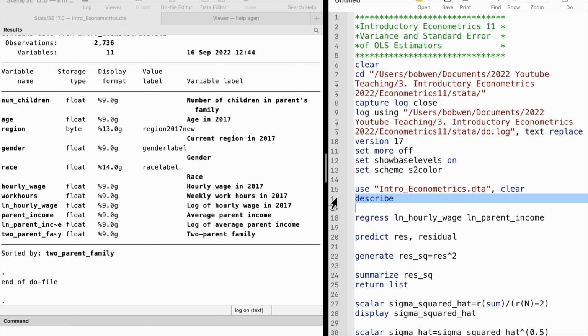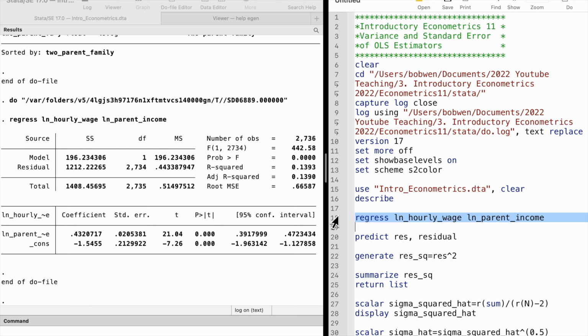When I regress children's earnings on their parents' income, I obtain the estimated coefficients and their standard errors. The standard errors are computed using the formula we just learned. To verify it, we can obtain the OLS residuals by typing the command predict res, residual.